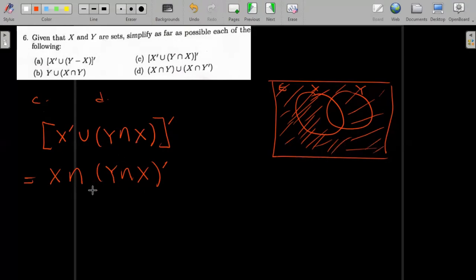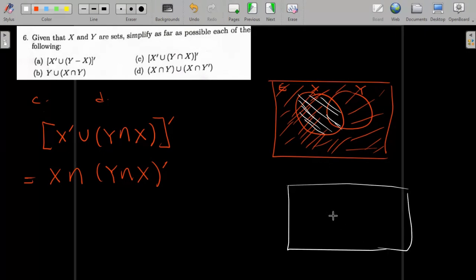Then they are telling you to intersect this with the set X. So I shade the entire set of X. We're intersecting with the entire set of X. Then I check, where do the red lines and the white lines cross?